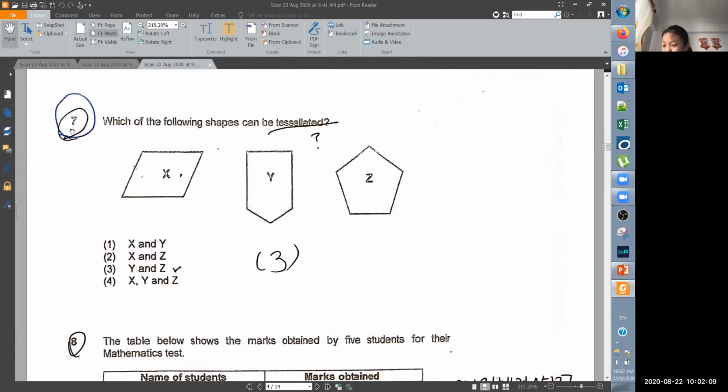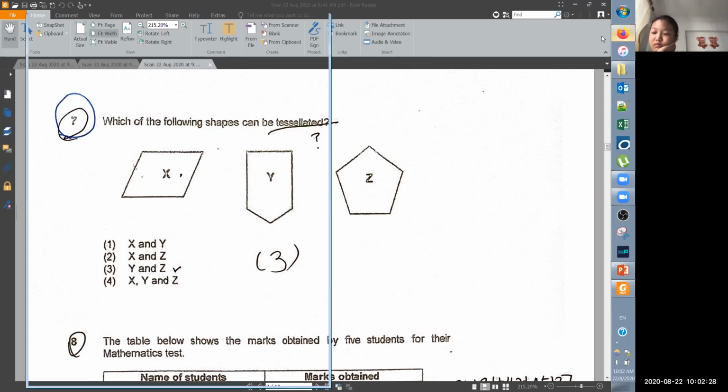So question 7, which of the following shapes can be tessellated? Tessellated means it repeats itself.